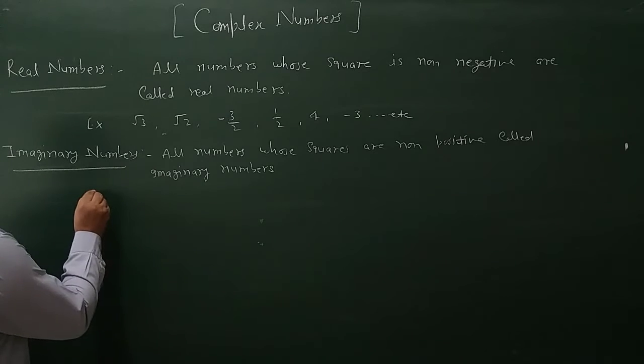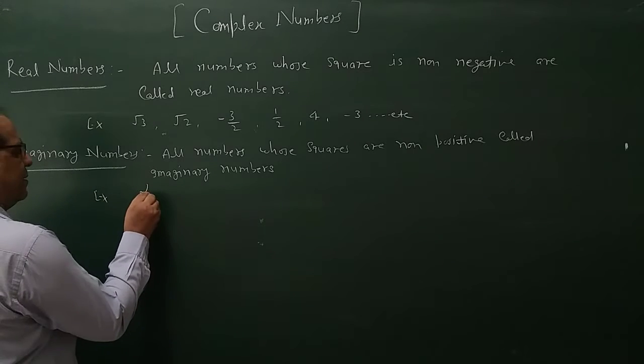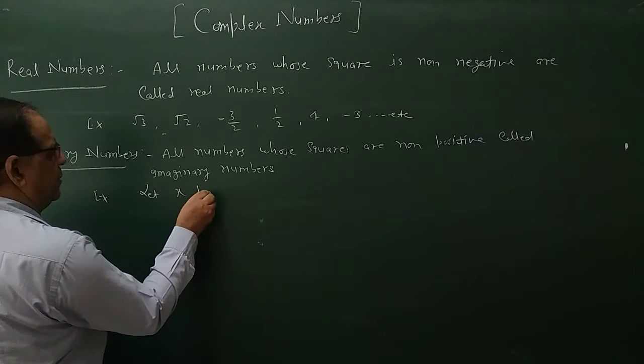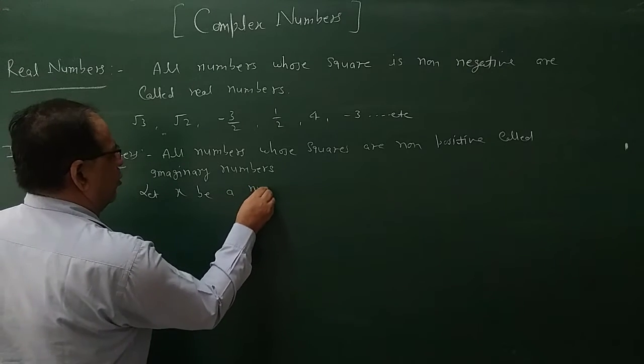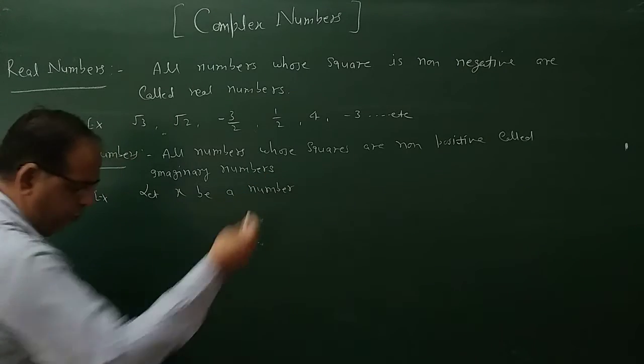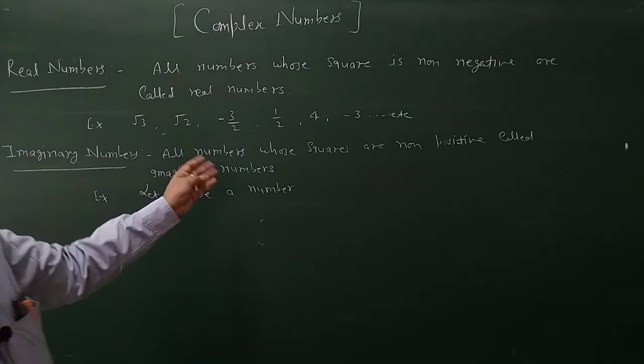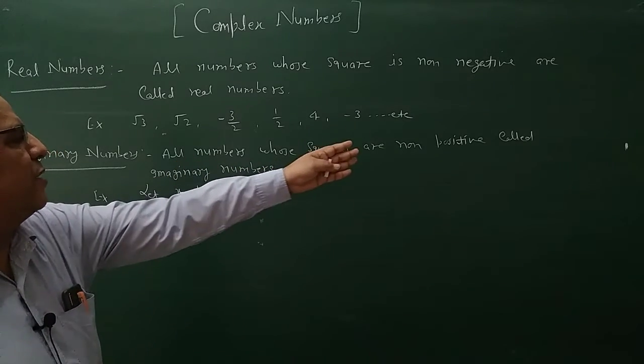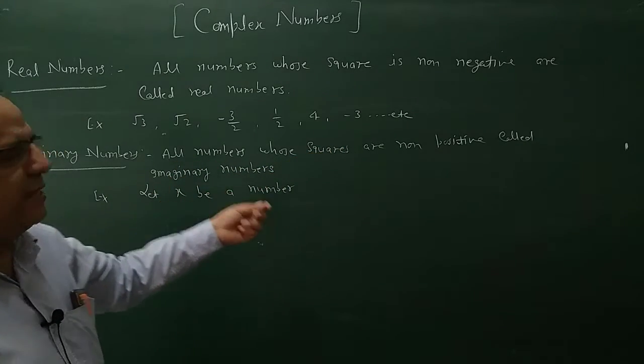For example, let x be a number. According to the definition of imaginary numbers, all numbers whose squares are non-positive are called imaginary numbers.